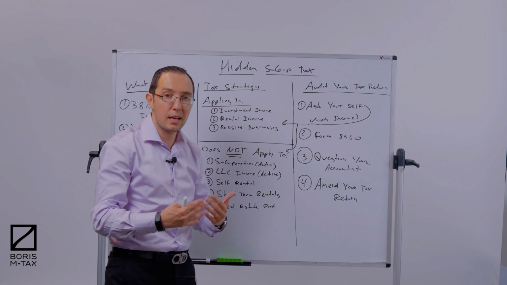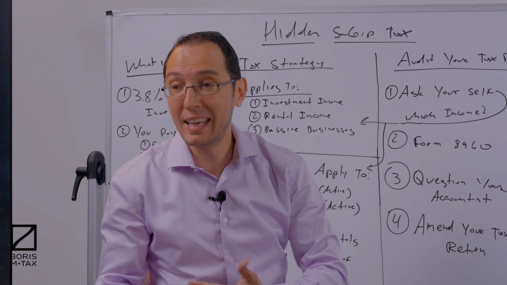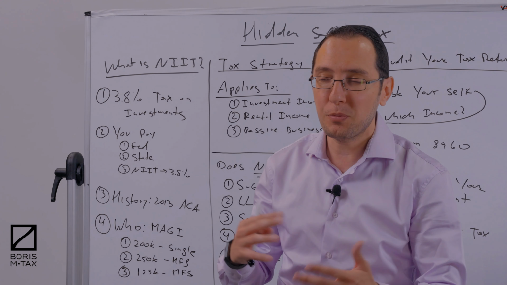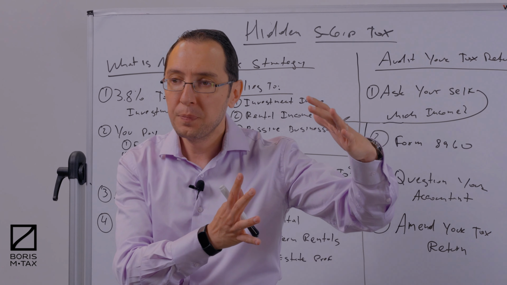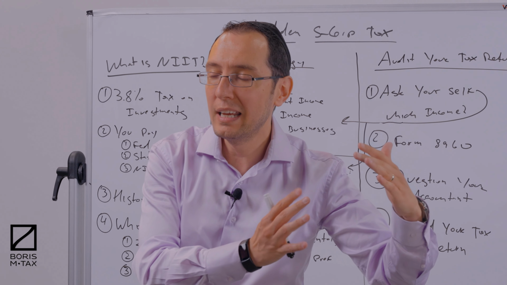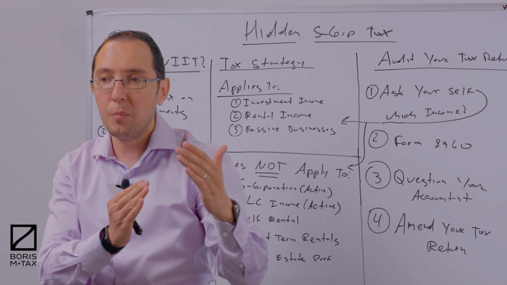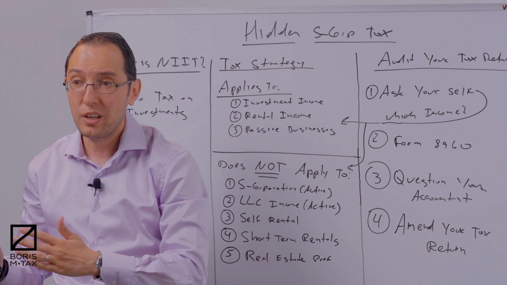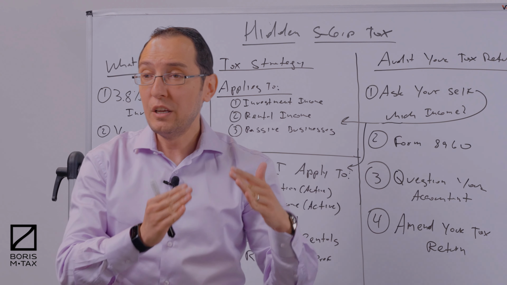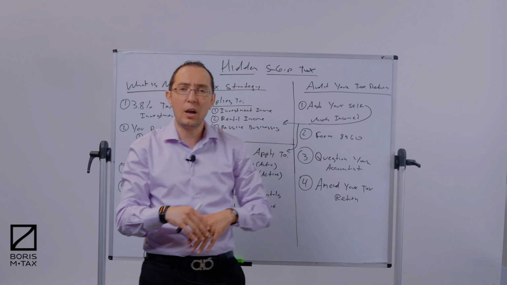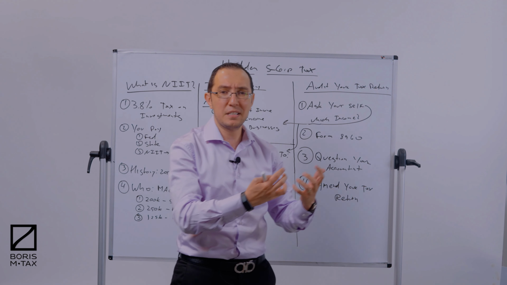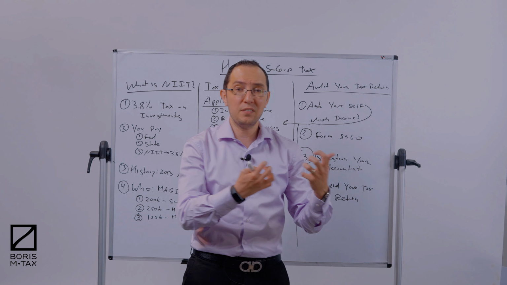Now, many times when we get a new client, we review their prior tax returns. The first thing we pay attention to is that K-1. How did the prior accountant classify this K-1 income on the person's personal tax return? If they have accidentally classified it as an investment income, and you might say, well, Boris, how can an accountant classify something that is not investment income as an investment income?